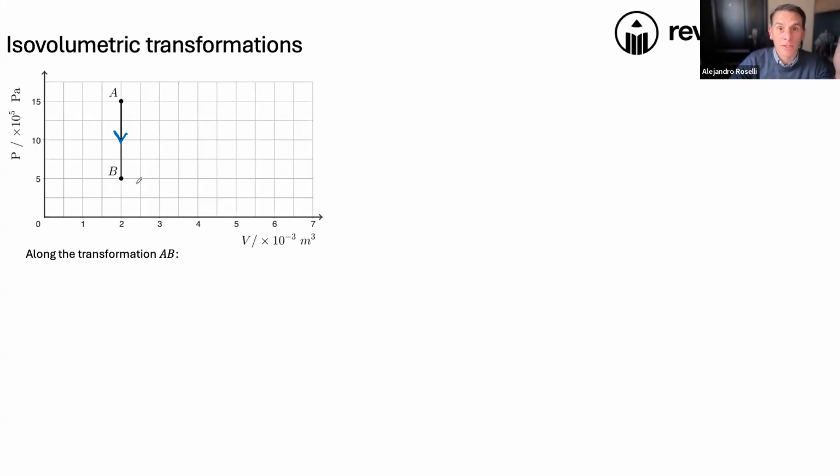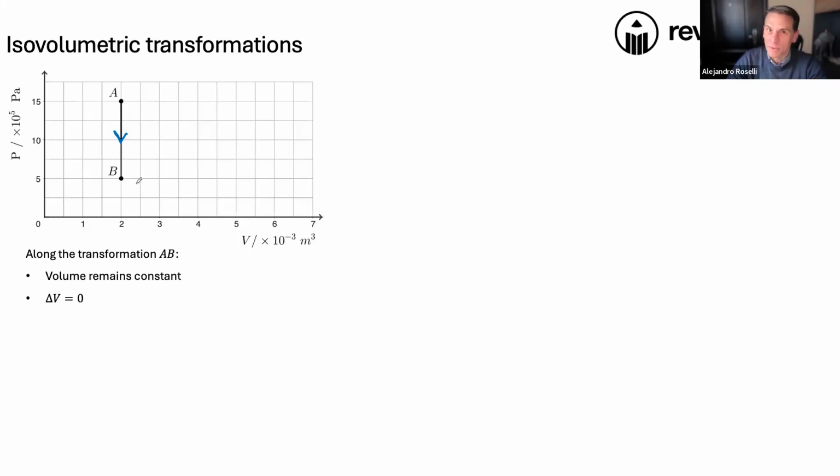So along the transformation AB, volume remains constant, of course, though that segment is created upon an infinite number of points, and they all share the same volume. They all share the X coordinate or the horizontal coordinate. Delta V is 0. There's no change in volume. That's what an isovolumetric transformation is, a transformation in which the volume is not changing.